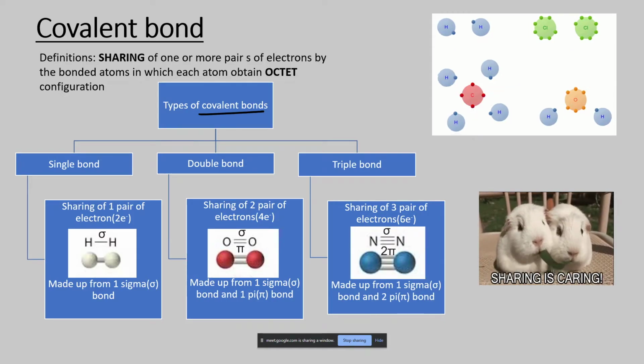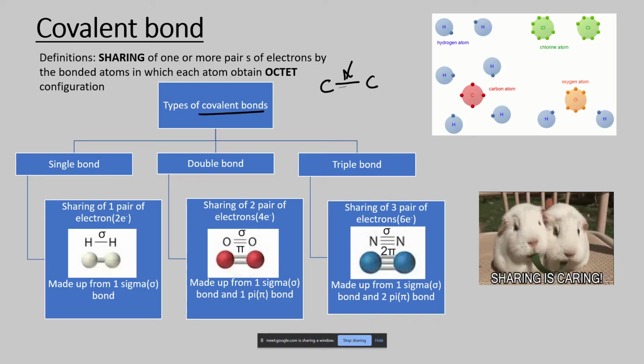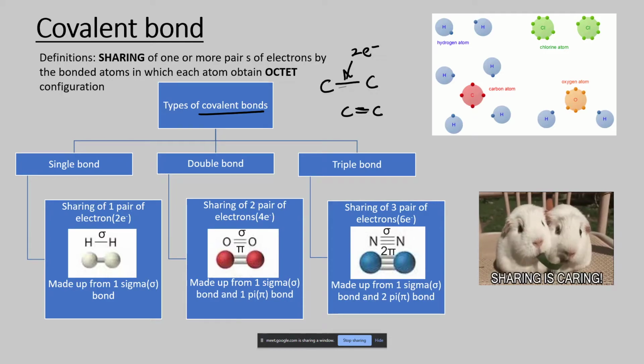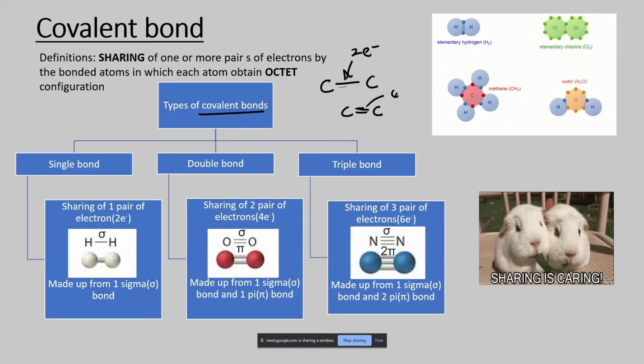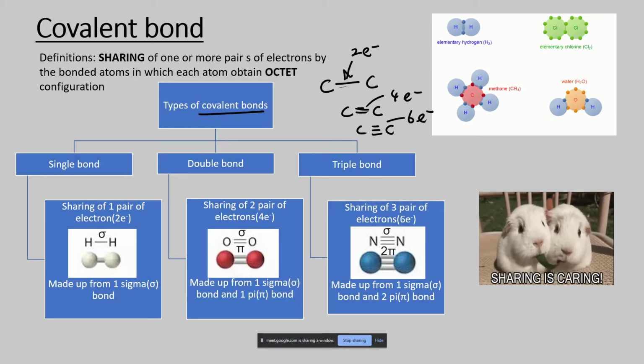Okay, it means that in one bond, okay, this is how we represent a bond. Okay, ada 2 electrons. So kalau lah dia double bond, maksudnya ada 2 garis. So 2 darab 2, we have 4 electrons, and so on and so forth lah. So we have 6 electron. Okay, these bonds also have nama.